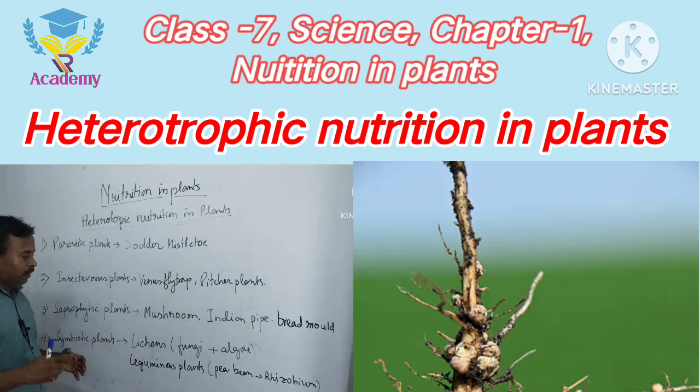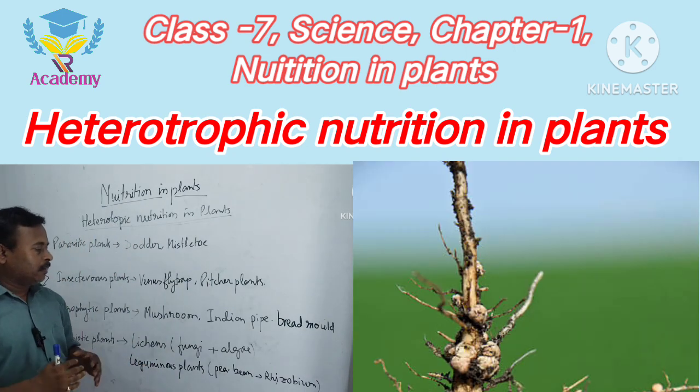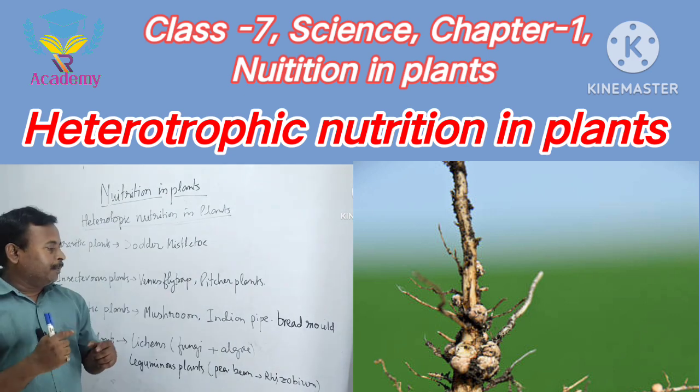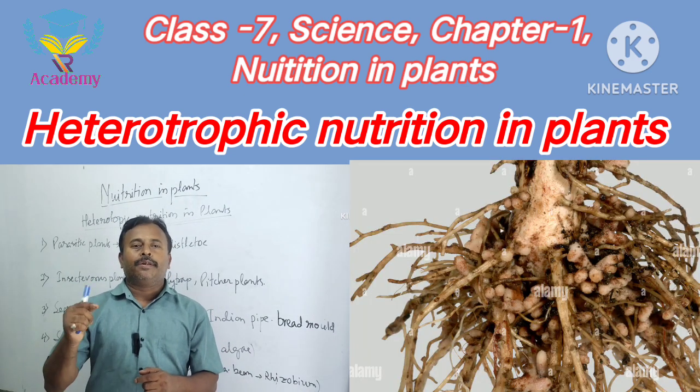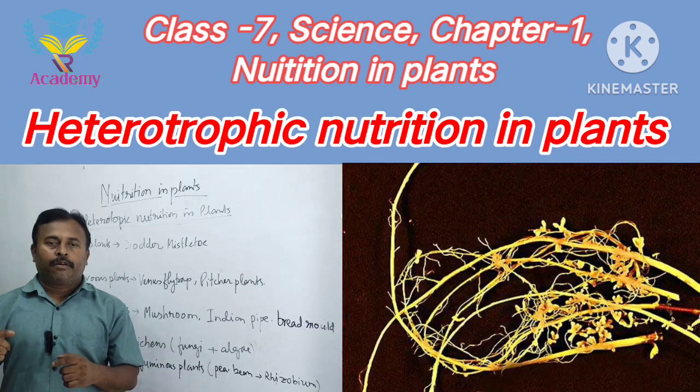In the case of leguminous plants, some plants like pea and beans, in their roots a type of bacteria called rhizobium is living.